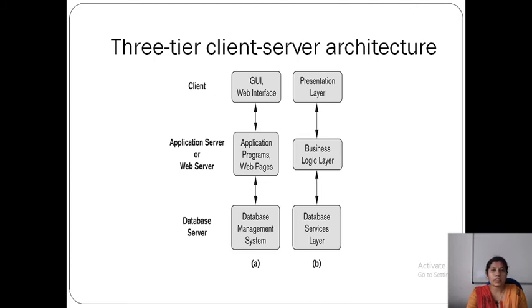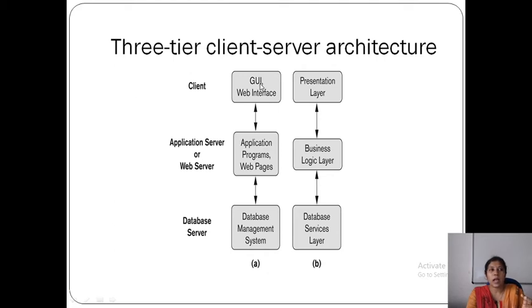Now this is the example or description of this three-tier client-server architecture. Here you can see at the client side you have user interfaces and web browsers. This is called the presentation logic or presentation layer, and then the application server or web server.